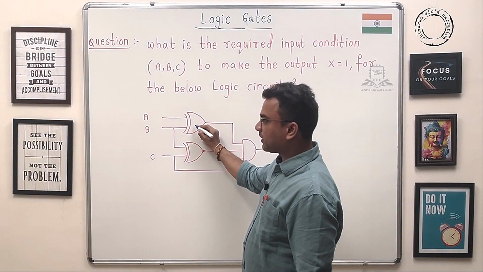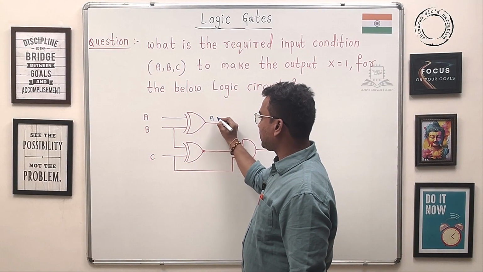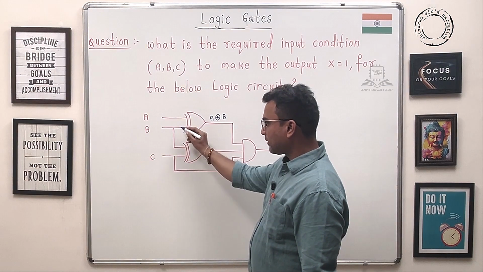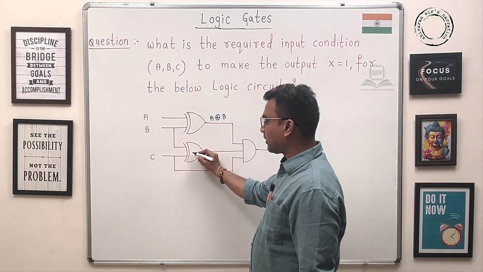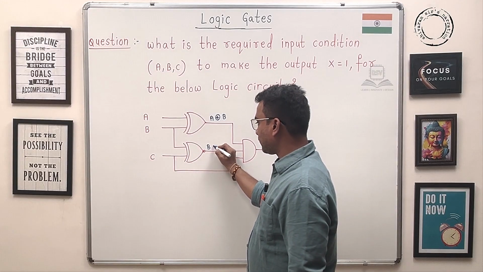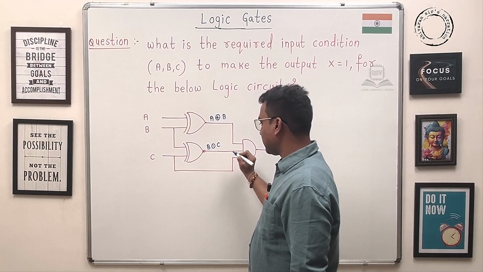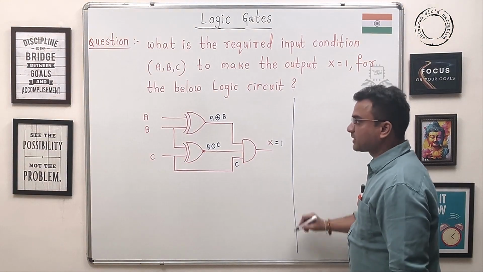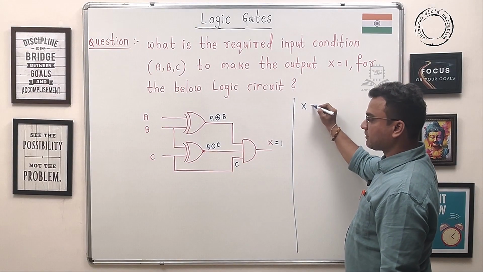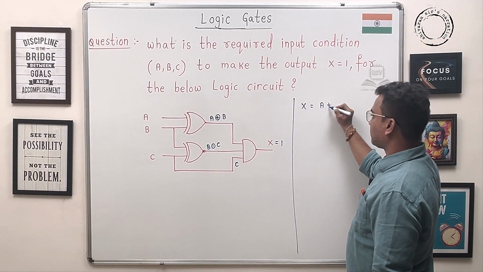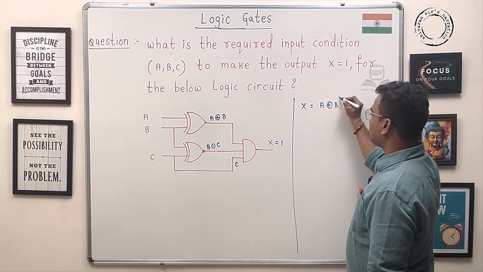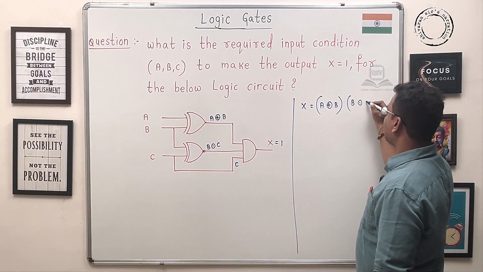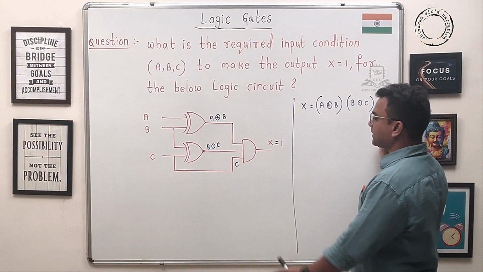It is an XOR gate, therefore it is A XOR B. Similarly here, B, C. It is an XNOR gate, therefore B XNOR C. And it is C. Therefore, the actual expression for X is equals to A XOR B into B XNOR C into C, because it is an AND gate.